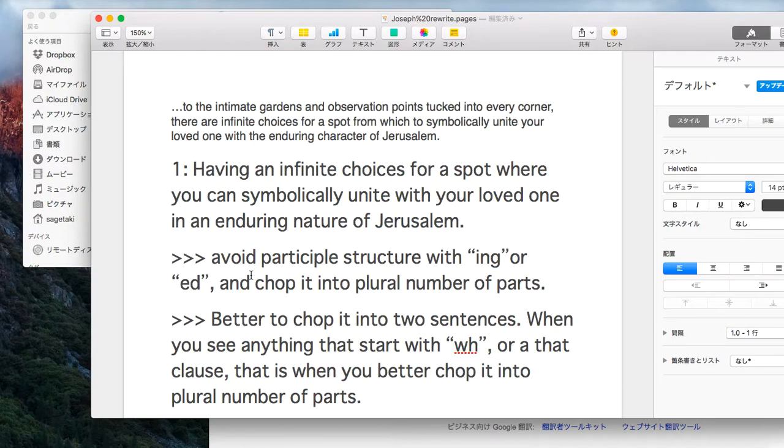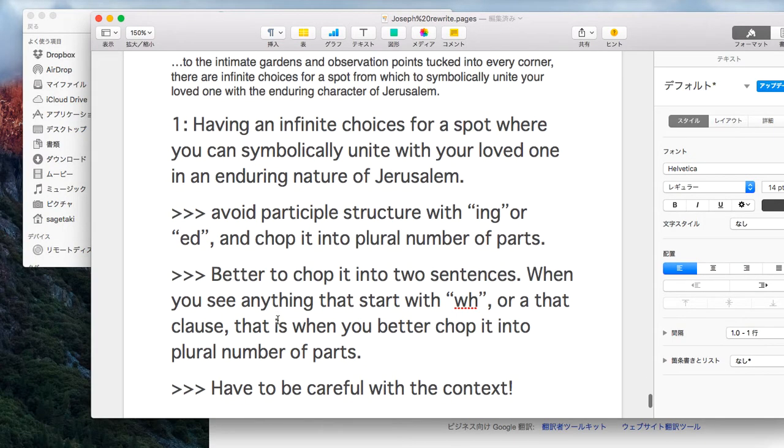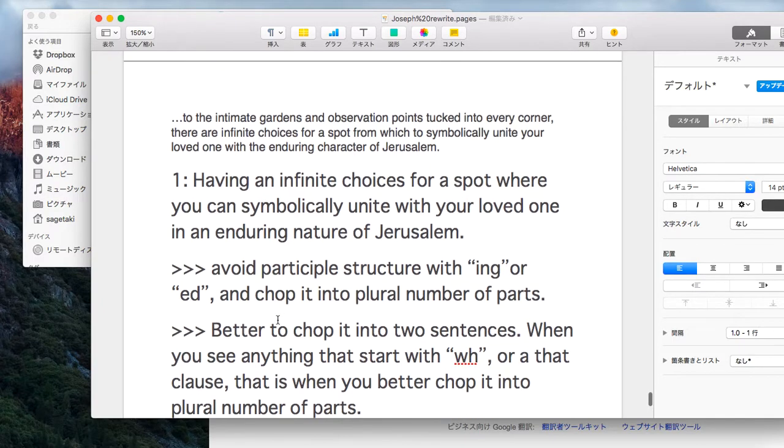Let me correct them one by one. You have an ing form, and so with that you need a subject. That means you should be able to find a real subject.